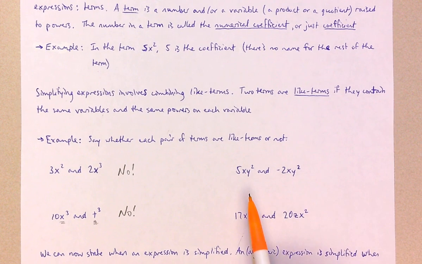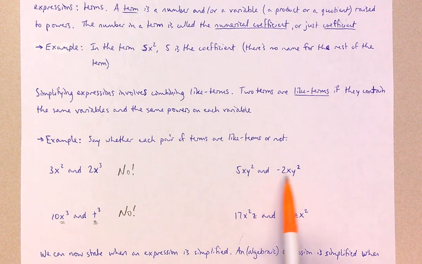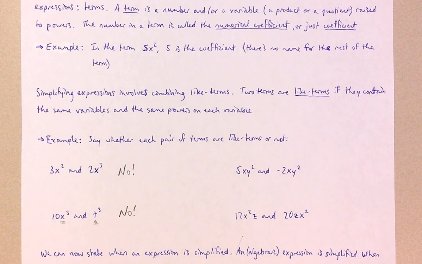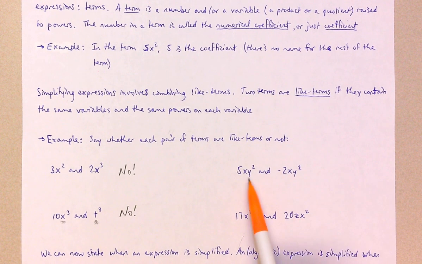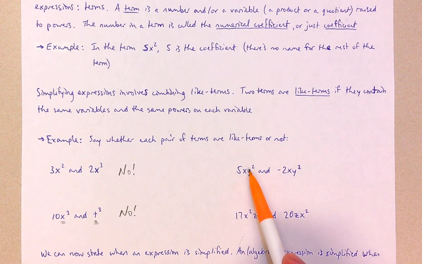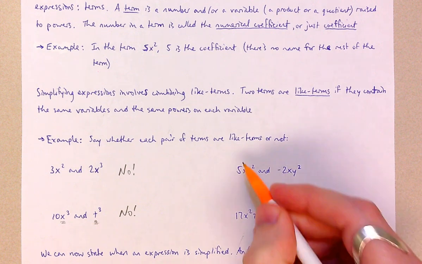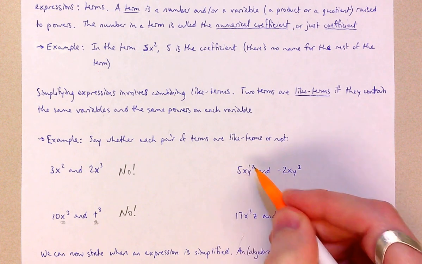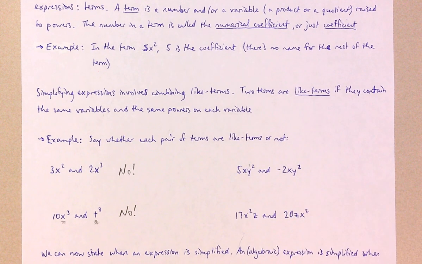Okay, 5 times x times y squared and negative 2 times x times y squared. All right, this term contains an x and a y. This term contains an x and a y as well, so that's good. Now let's check to make sure the powers are the same. This has an exponent of 1 there. If we just see a variable and there's no power on it, secretly we have a power of 1.